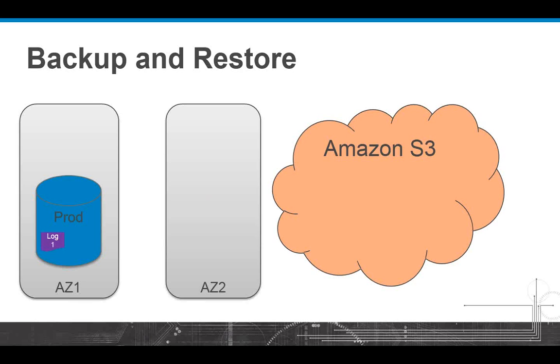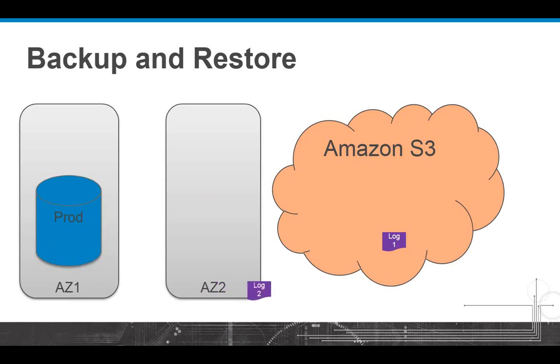So what RDS does with backups is, apart from backing up your database instances through snapshots on a daily basis during your backup window, we also back up your transaction logs every 5 minutes to S3.